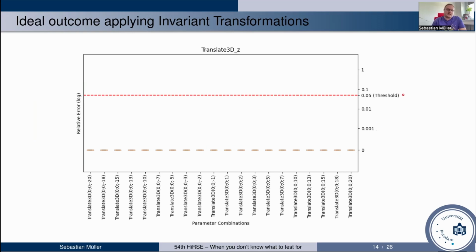In my thesis, I had set a 0.05 relative error threshold. So if the error does not go above this 5% of relative error, then I had classified the software as stable under this transformation.